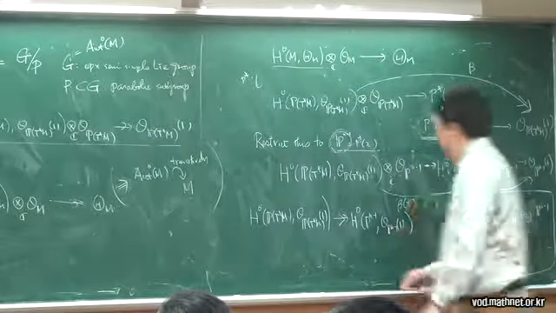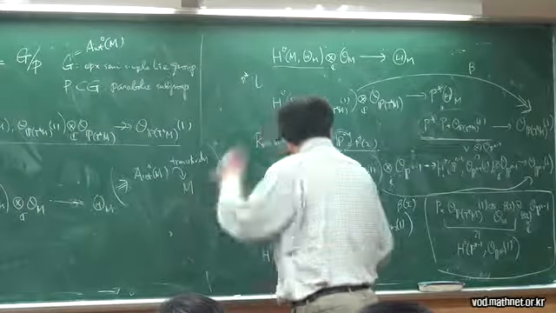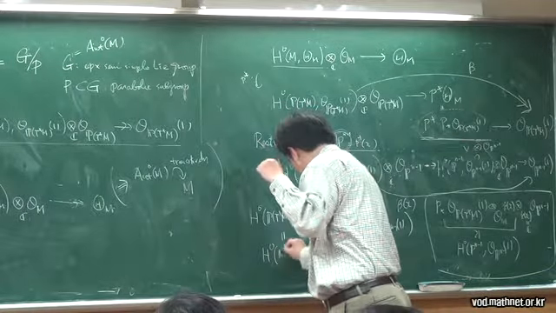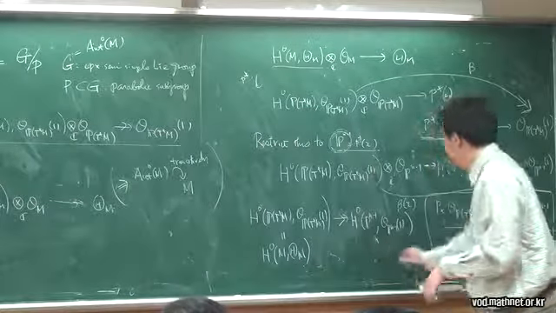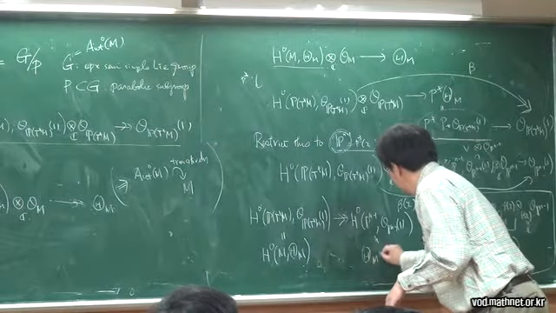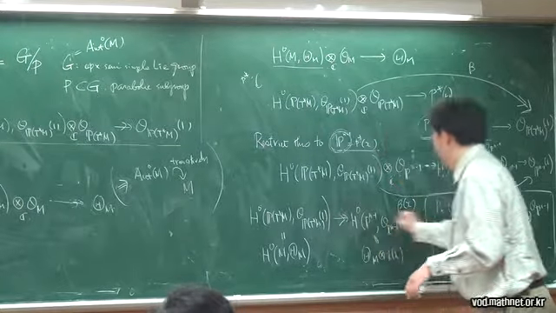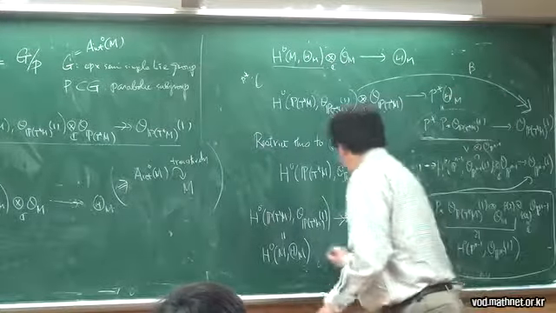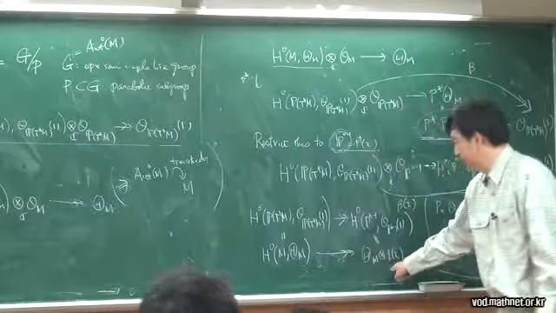If this is surjective, then this is surjective. But what is this? This is nothing but H0 m theta m, which is just the theta m kx. One can check this. This is just a fiber of this. And this is surjective. So now we have the following surjection.